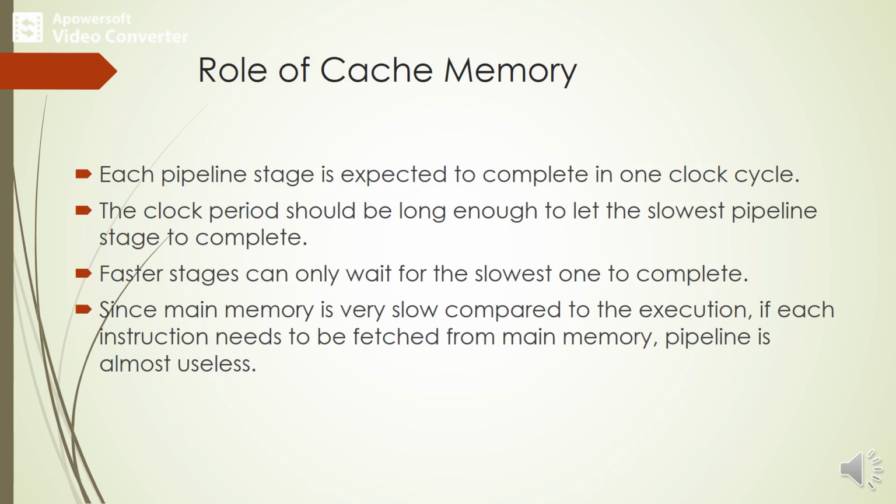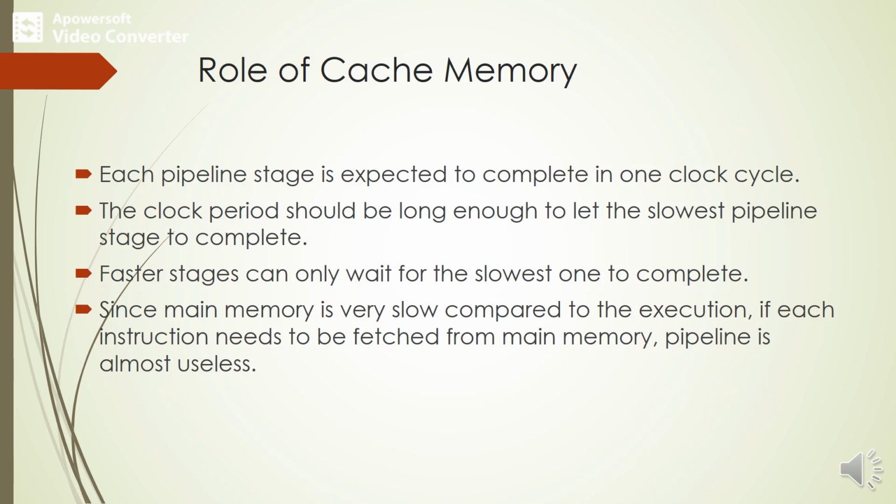However, the access time of the main memory may be as much as 10 times greater than the time needed to perform basic pipeline stage operations inside the processor, such as adding two numbers. Thus, if each instruction fetch requires access to the main memory, pipelining would be of little value.